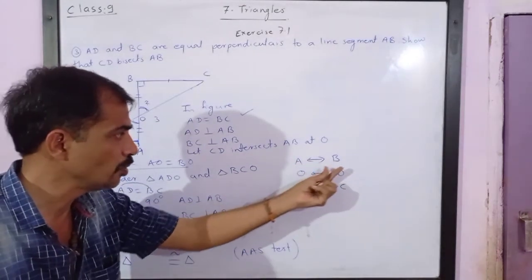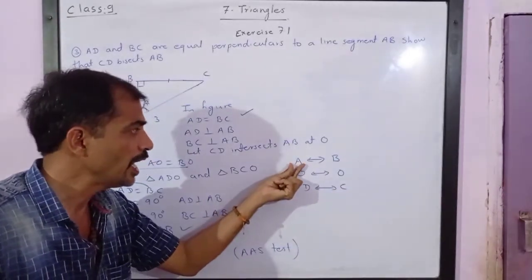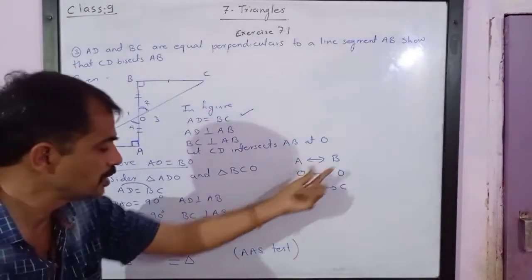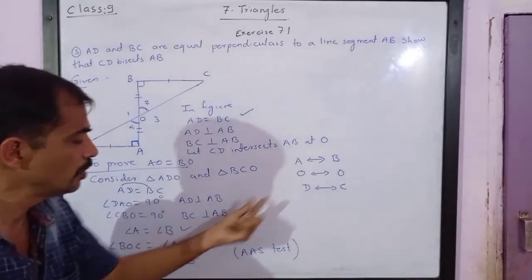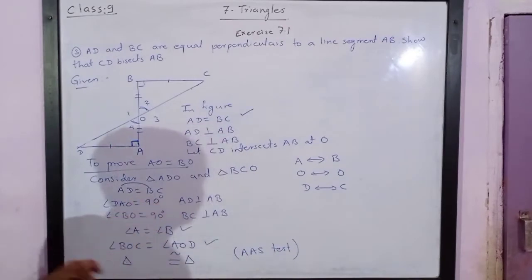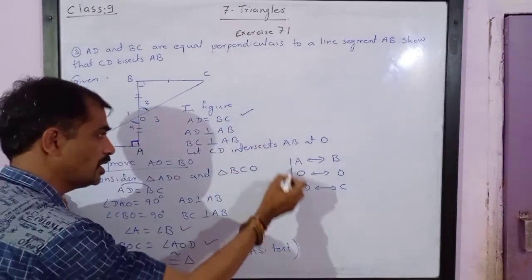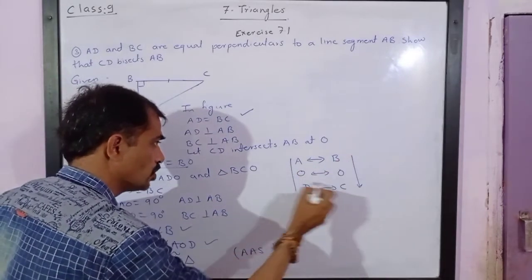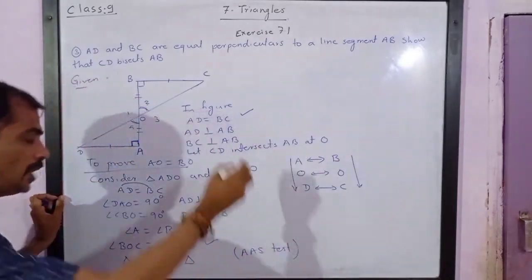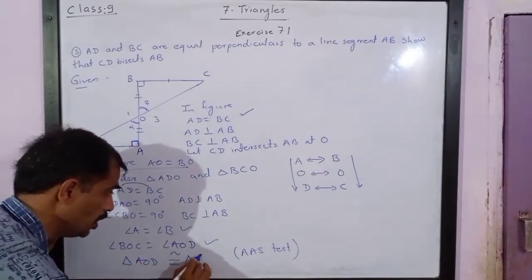Now A corresponds to B, O corresponds to O, D corresponds to C. It means if A is written first, then B must be written first. If O is written second, then O must be written second in both triangles. So I will use the same sequence we were asked to prove, AOD and BOC, from top to bottom. I will get triangle AOD is congruent to triangle BOC.